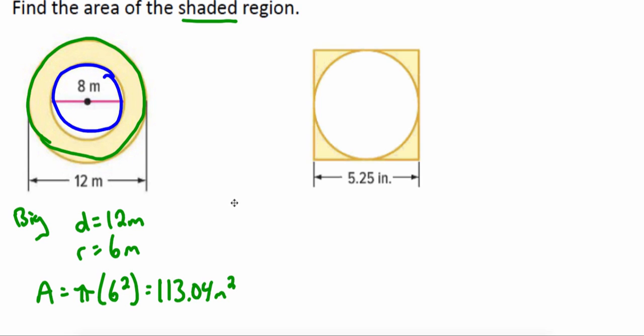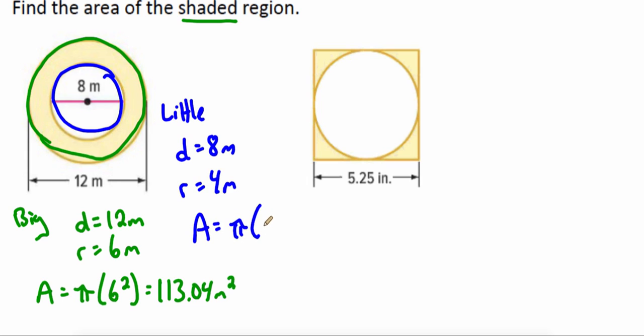Now I look at the piece that's missing. Somebody took a big hole out of the middle of my shape. So that's my little one. It has a diameter of 8 meters and a radius of 4. I force you to write those 2 pieces of information down so you don't accidentally use 8 in your calculation, because 8's not the radius, it's the diameter. To find the area, I do pi times the radius squared. So 3.14 times 4 squared is 50.24 meters squared.